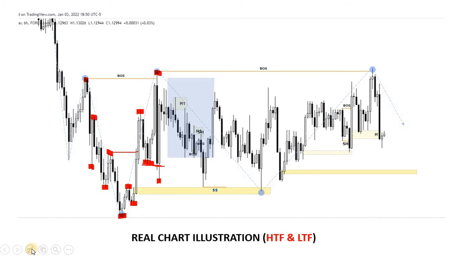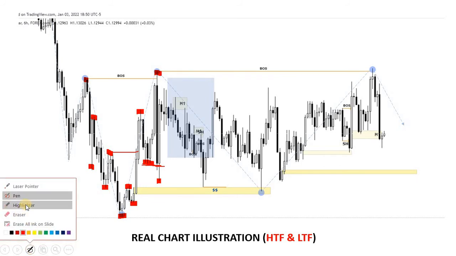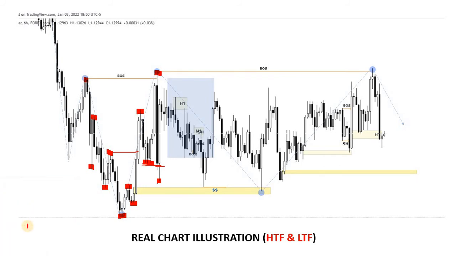Okay, so we continue with the mapping. Have this lower low, we have this lower high, lower low, lower high, lower low, which is also the low of the higher time frame structure, and we have what? A higher high, a high higher than that.